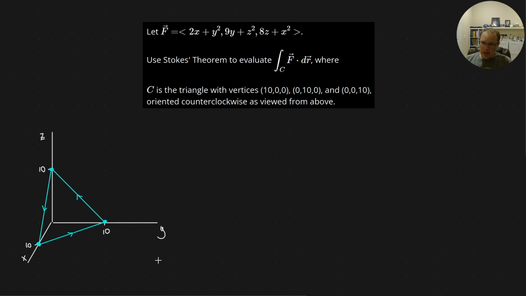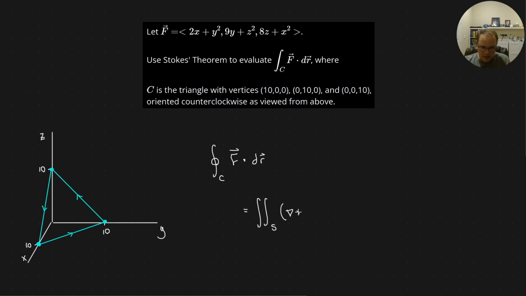I prefer not to do 3 line integrals, so we can use Stokes' theorem to instead integrate over a surface that has these 3 edges as its boundary. So according to Stokes' theorem, I could change from the circulation over a closed curve to a surface integral over a surface where that closed curve is its boundary.